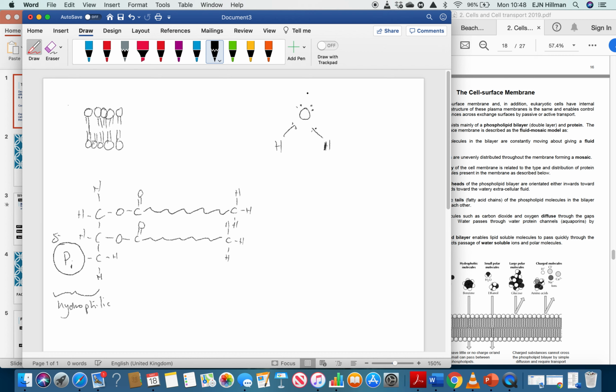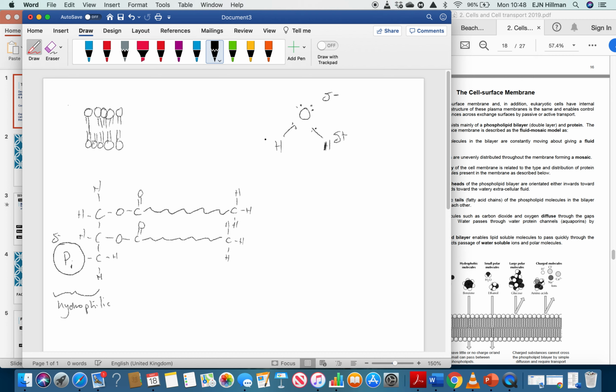So those electrons are in a higher density closer to the oxygen. That gives the oxygen a slightly negative charge. And because the electrons have been pulled away from the hydrogens, leaving just the proton inside the hydrogen atom here, that gives the hydrogens a slightly positive charge.